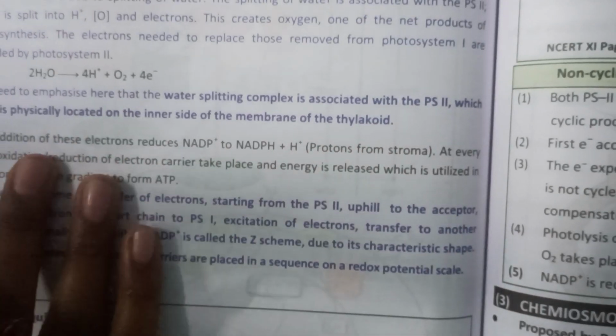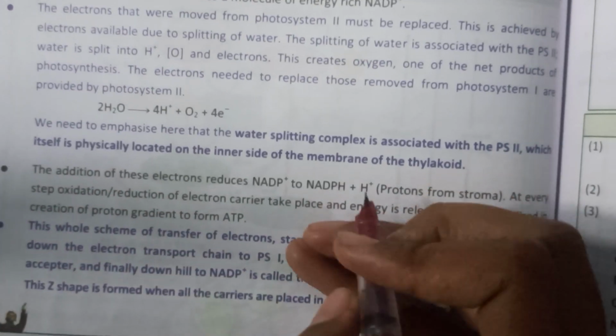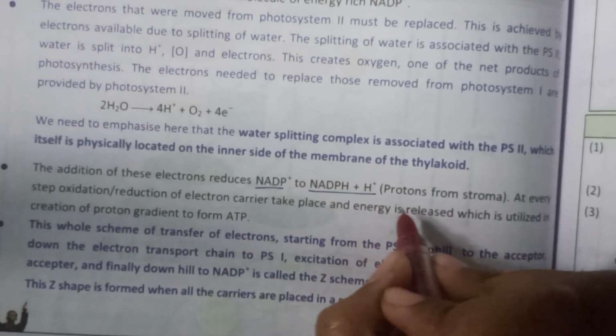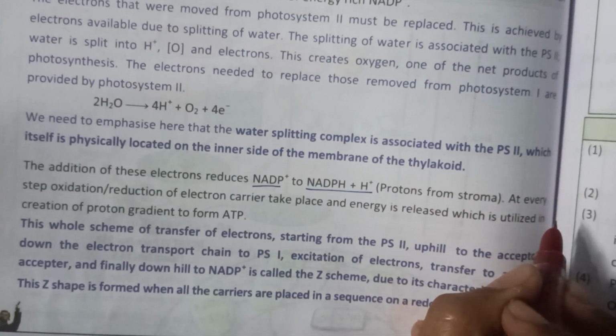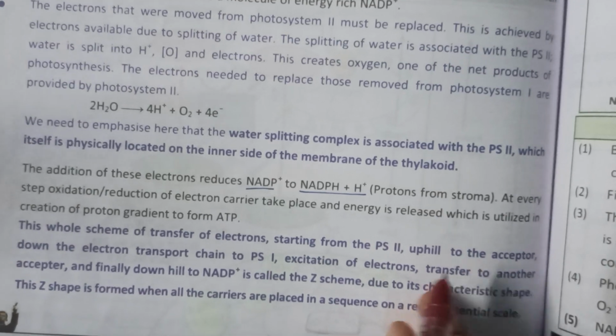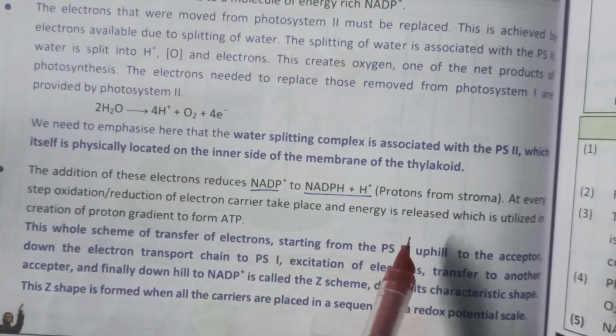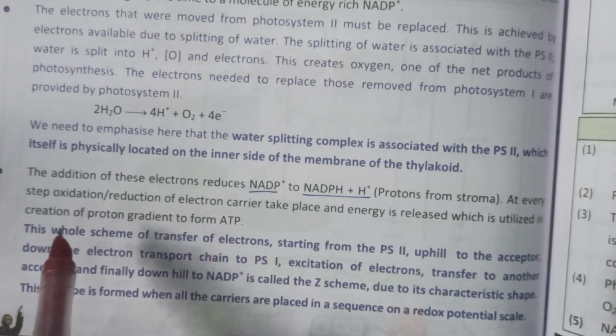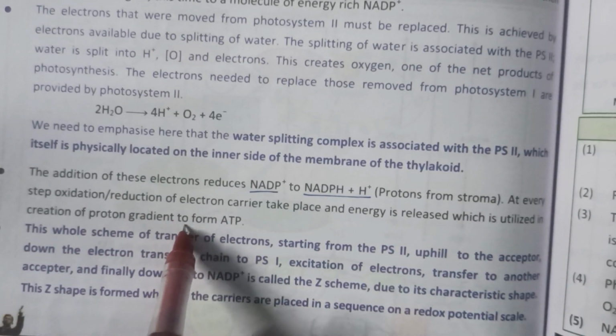In addition, these electrons reduce NADP plus to NADPH plus H plus, with the proton from the stroma. At every step, oxidation and reduction of the electron carrier take place and energy is released, which is utilized in creation of a proton gradient for ATP.